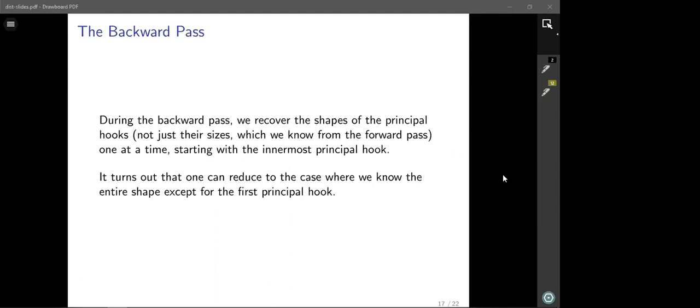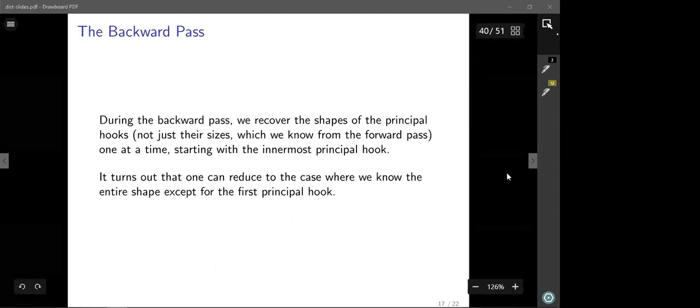Again, I'm going to skip that inductive argument, but it really does reduce to this special case. You're moving backwards, and you need to figure out how to recover the first principal hook, knowing everything else and knowing the first principal hook length, but not knowing what the arm overhang and the leg overhang are in the first principal hook.